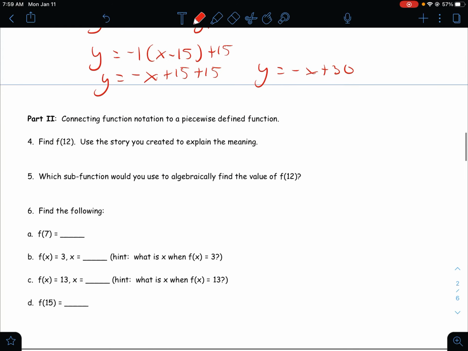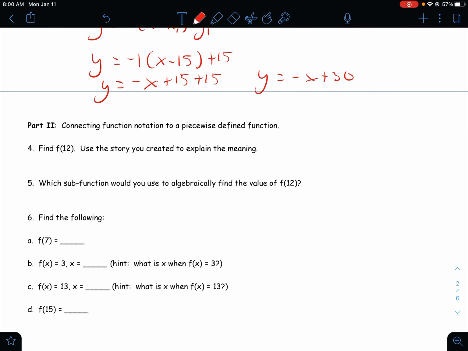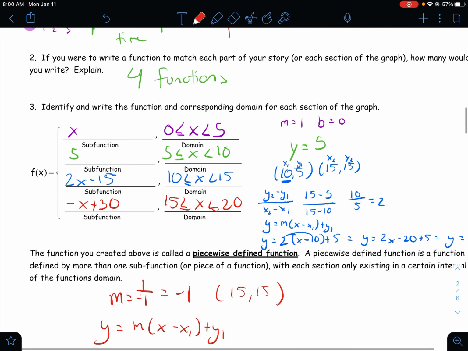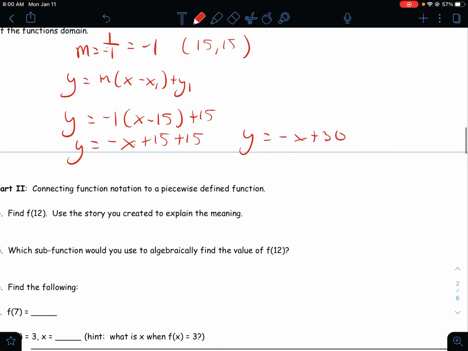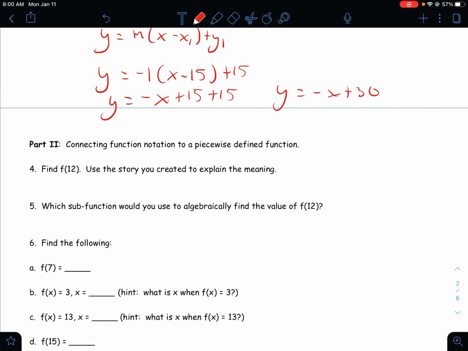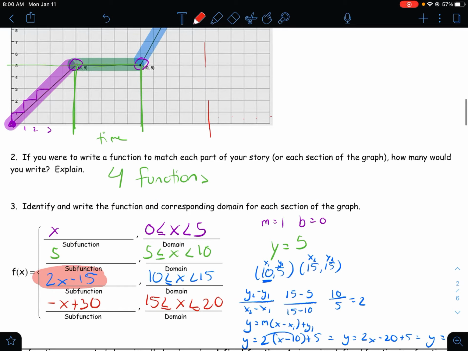All right. And then we've got our last part here. It says find f of 12. So let's go ahead. If we look at f of 12, we know that we have to use this function here. How do I know that? Well, our input is 12, and 12 is going to fall in between 10 and 15. So we're going to use the function 2x, was it minus 15?